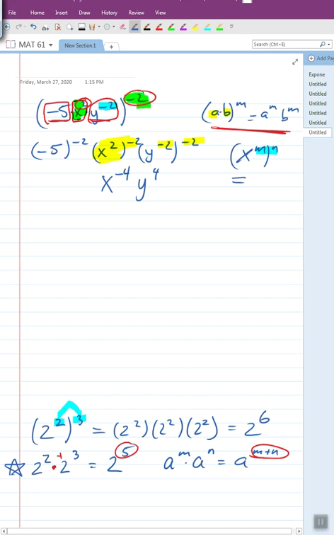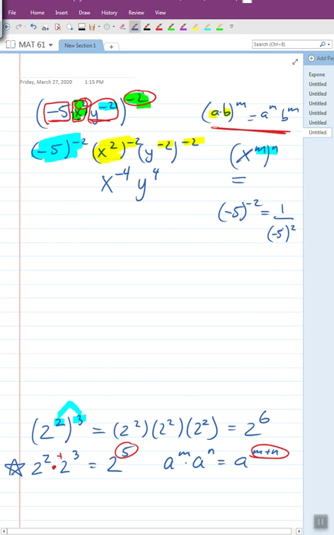Now let's be careful on this first one, the one with the negative 5 to the negative 2. And this is like the one David said something about earlier. When you have something in parentheses raised to a negative 2, we know the way to get rid of that negative exponent is to flip the whole thing, right? But since the power applies to a parenthesis set, you have to flip everything inside the parentheses.